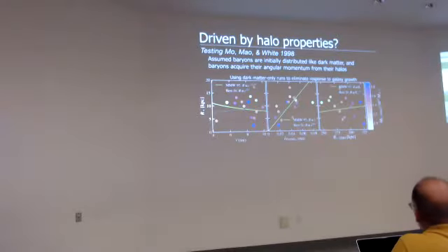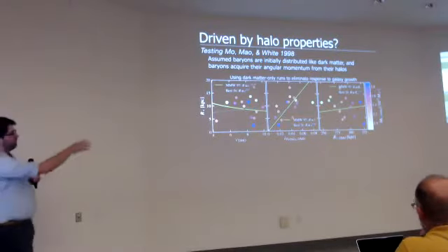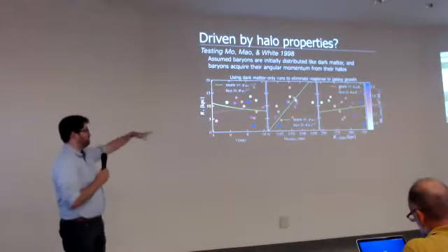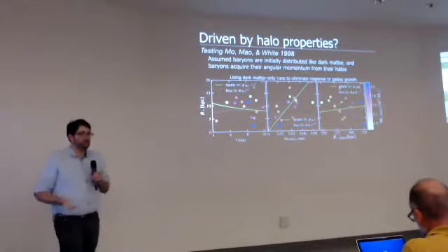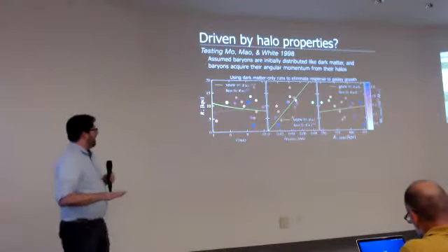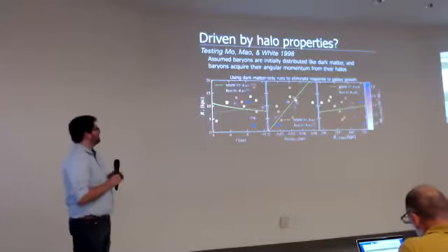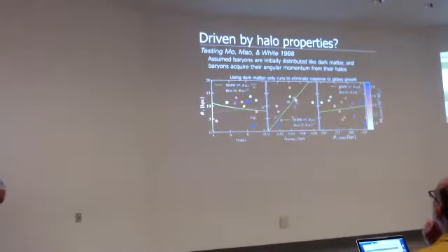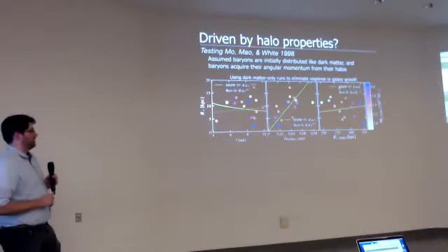So here are our galaxies. I've gone ahead and colored these by the halo mass, just to illustrate that none of these trends, except for, of course, r vir, are driven by the halo mass in this small mass bin again. And the green lines plot the predictive scalings with the Mo, Mao and White model with just arbitrary normalizations, best fit normalizations in each panel.